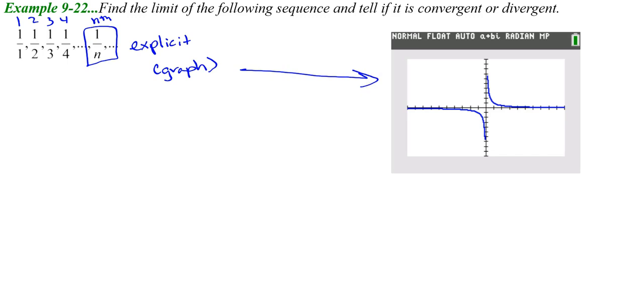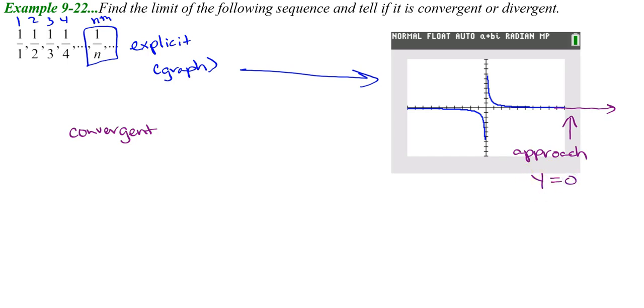To determine if it's convergent or divergent, we look at what's happening as we go out to the right forever, and we can see here that we're becoming almost a constant value. We're leveling off to a horizontal asymptote. So this is convergent. Out here we are approaching a horizontal asymptote of y equals 0.